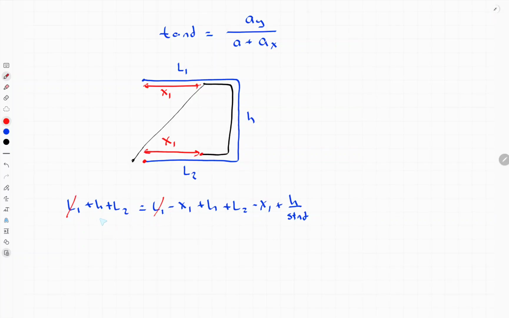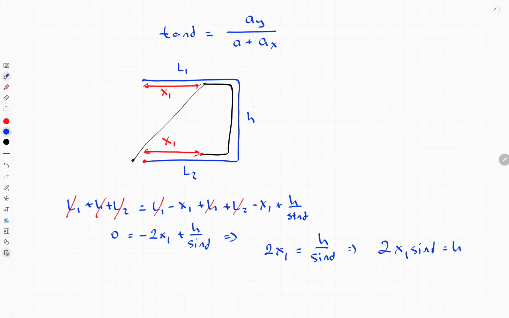So L1, L2, h cancel: on the left side we have 0, on the right side we have negative 2 x1 plus h over sine alpha. Or we can say 2x1 equals h over sine alpha, or we can say 2x1 times sine alpha equals h.